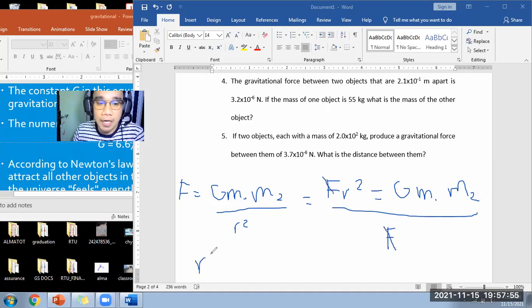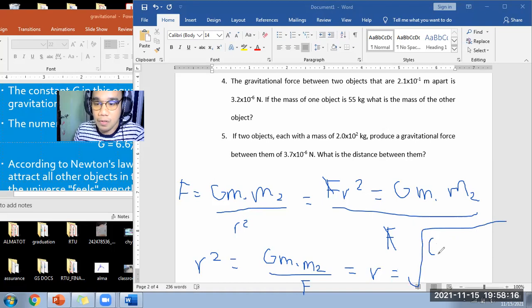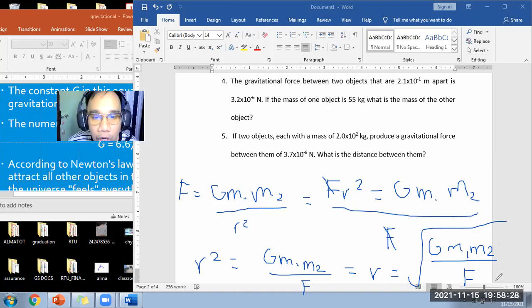So ang formula natin is r is equivalent to the square root of G mass 1 mass 2 over F. So dito, if two objects each with a mass, parehas lang yung mass ng M1 tsaka ng M2 kasi ang word na ginamit natin ay each.